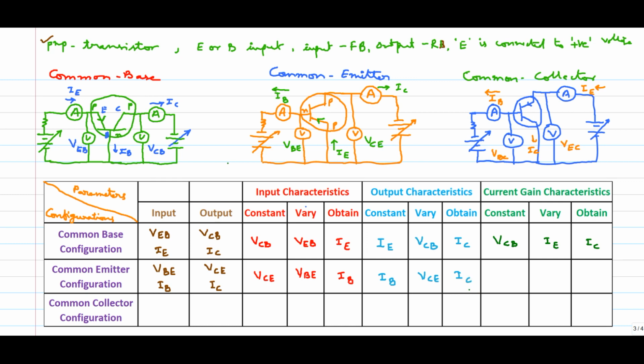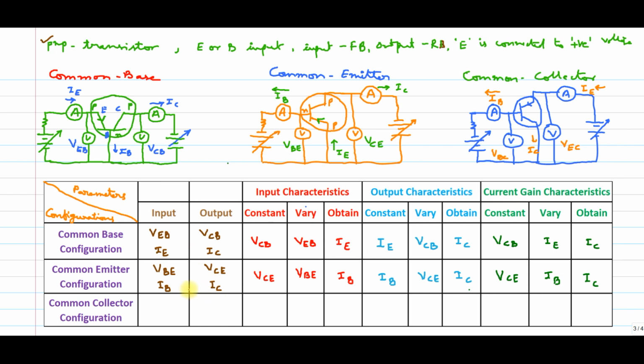Let's move on to current gain characteristics: keep output voltage VCE constant, vary input current IB, and identify output current IC. In a similar fashion, we can go ahead with the common collector configuration also.